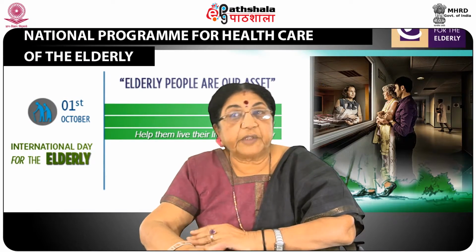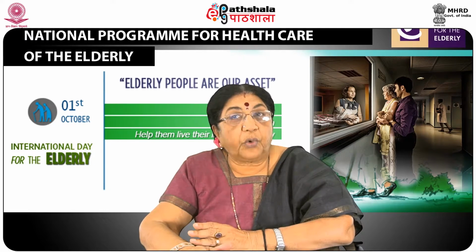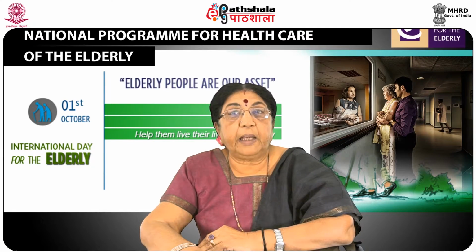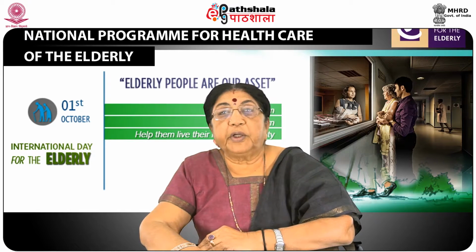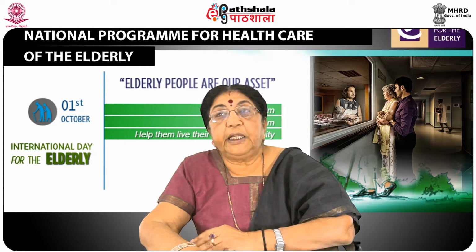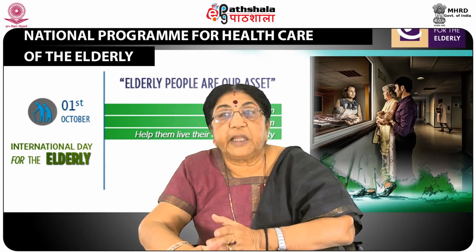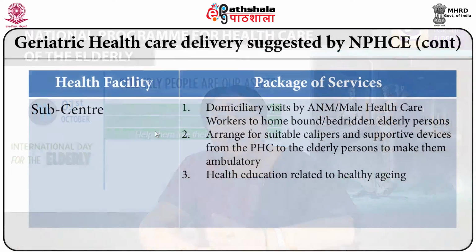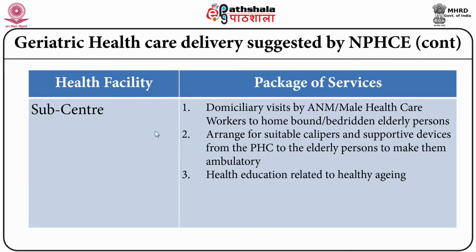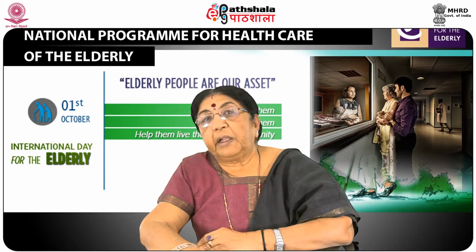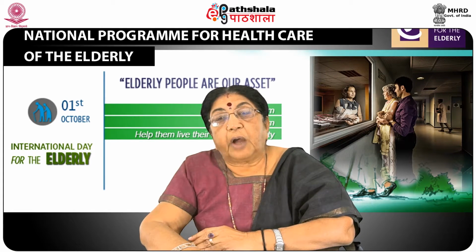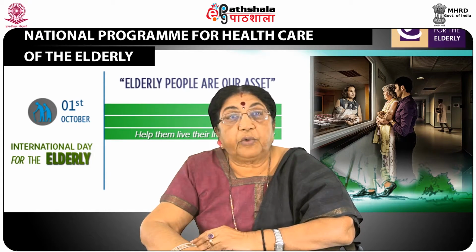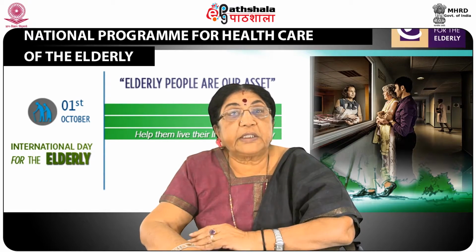When they visit them at home, if needed, they can arrange suitable calipers or supportive devices, in case they need to walk with a supportive stick or any other device. From the primary health center, they get this supportive device and give it to the elderly person, to make them ambulatory. And of course, health education on how to use it, to be careful so that they don't hurt themselves more than what is essential.